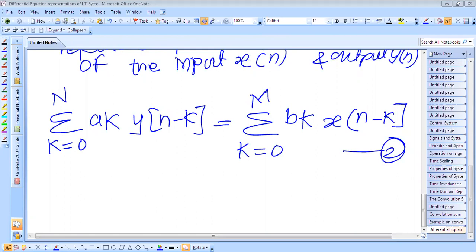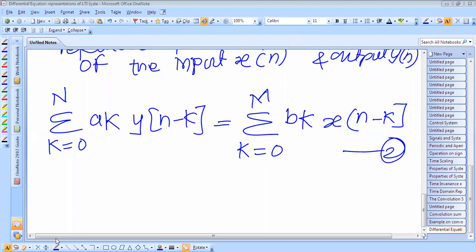Okay, so the linear constant coefficient differential equation has a similar form, and this is written by equation number 2. The order of the differential equation is n.